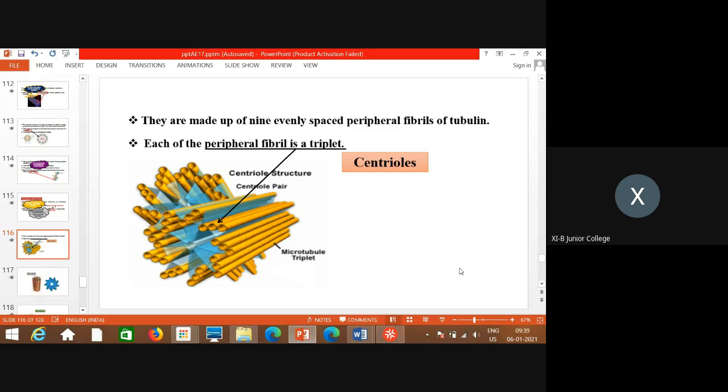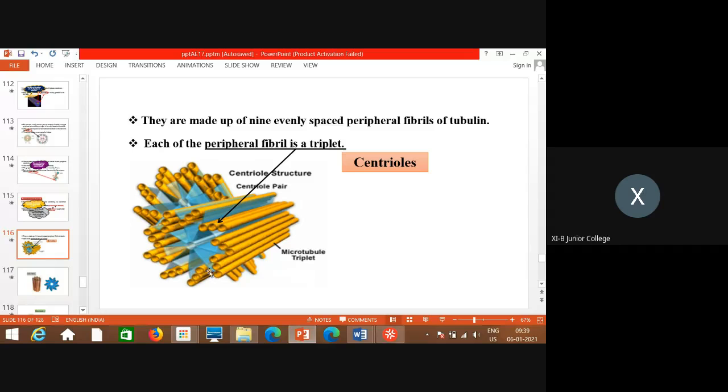Each peripheral fibril is a triplet. Now in this diagram you can very clearly see the central core and the peripheral microtubules, which are in combination, that is 3 in 1. You can see 1, 2, 3. That is called a triplet.